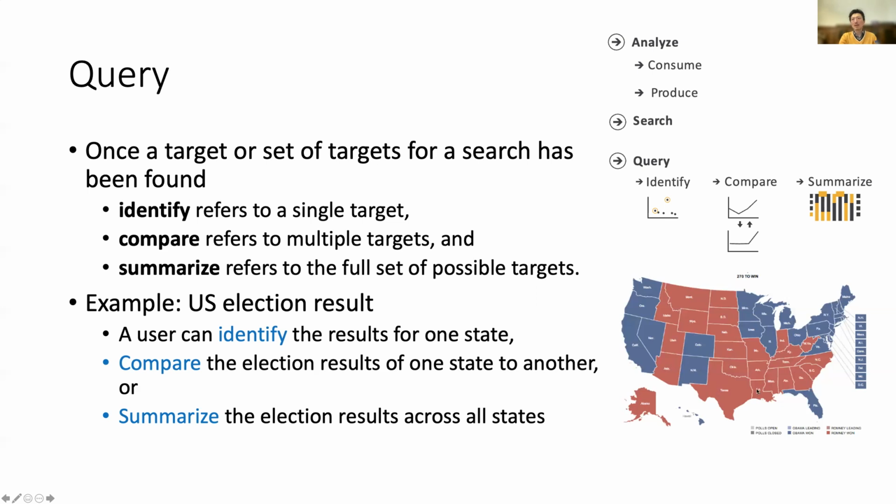And let's say the middle ones are mostly red. And then the northeast part is mostly blue again. So this is summarizing. You look at individual ones, you look at multiple ones, and you see what's common about them.